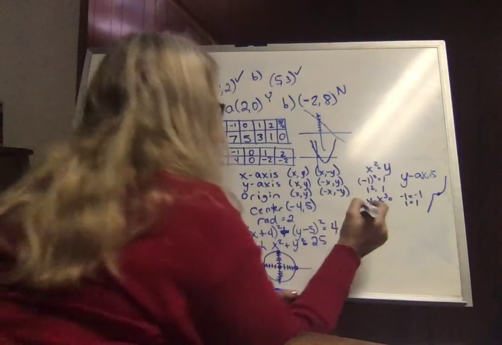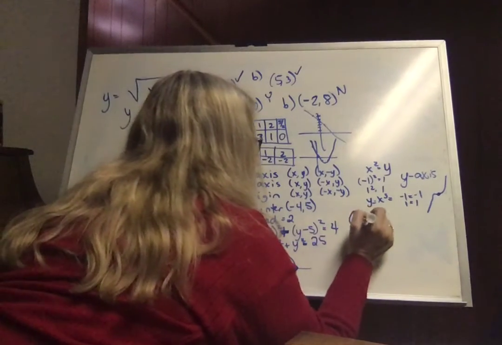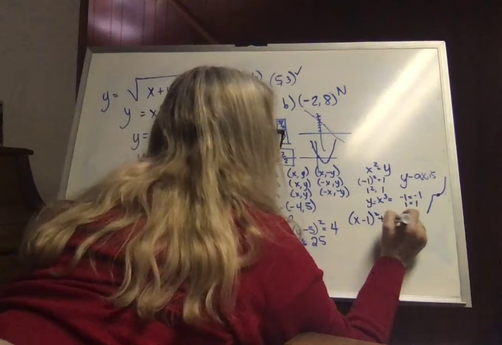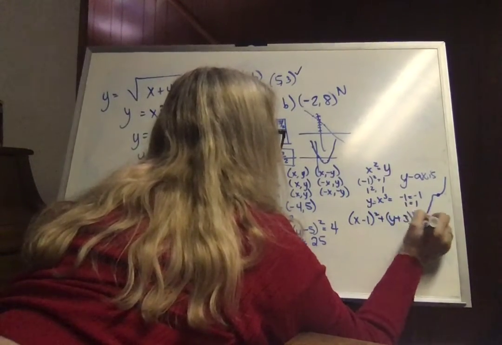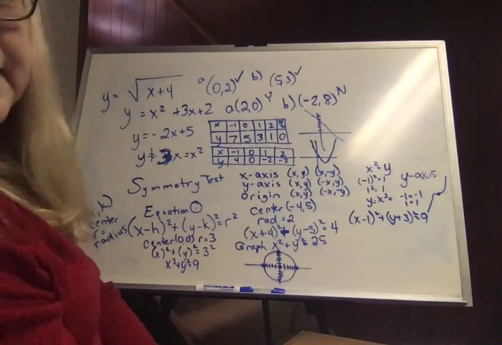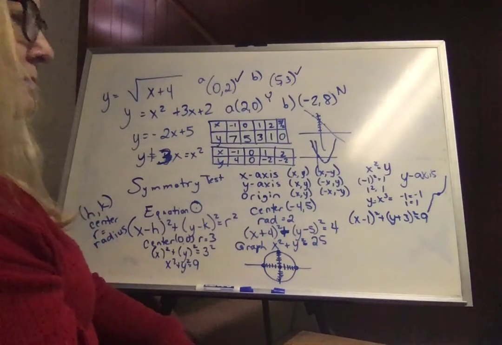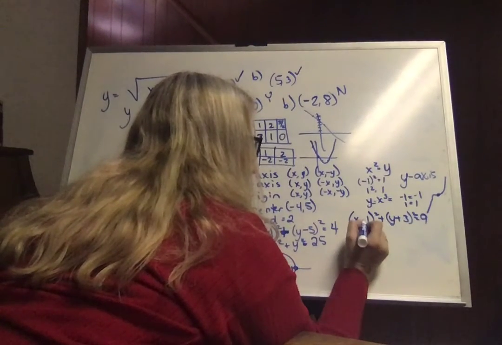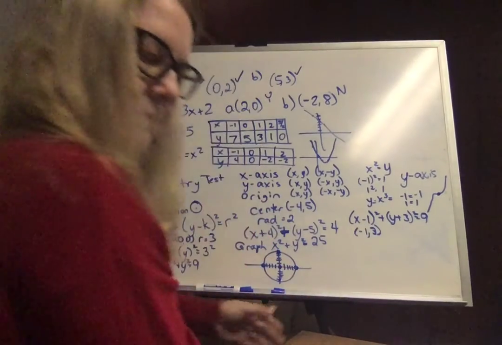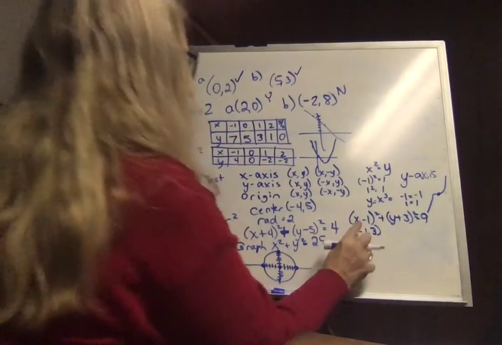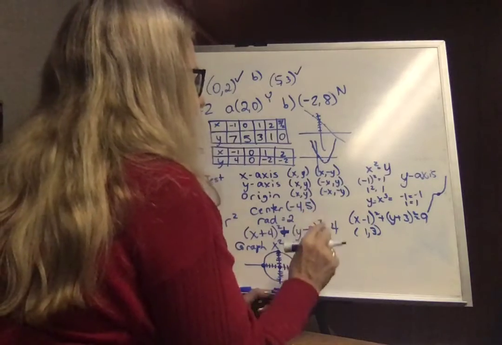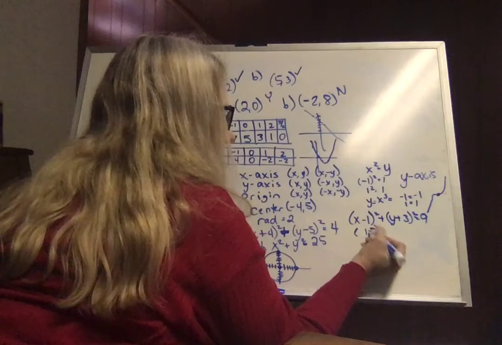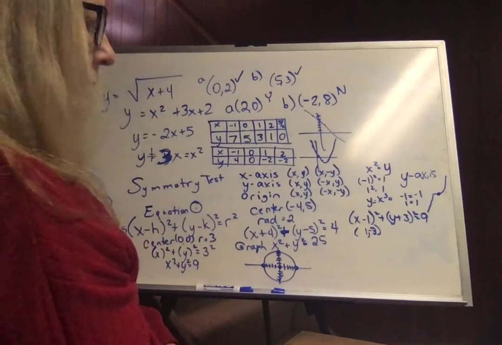Another one I want you to try: (x minus 1) squared plus (y plus 3) squared equals 9. Pause it, and then look at what that ends up as. Okay, the center, I did that exactly wrong. x minus h, so h is 1. y minus a negative 3, so k is -3.